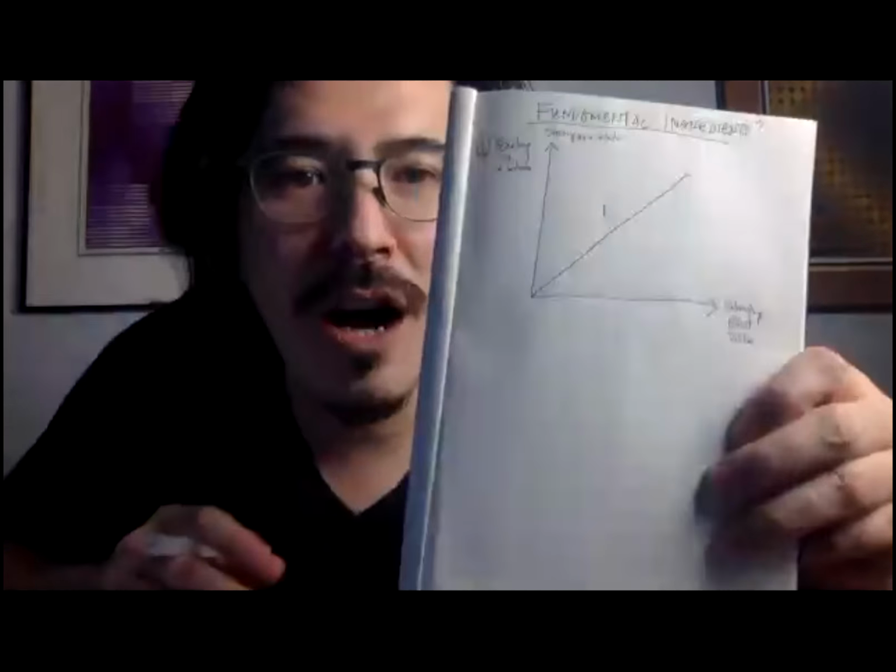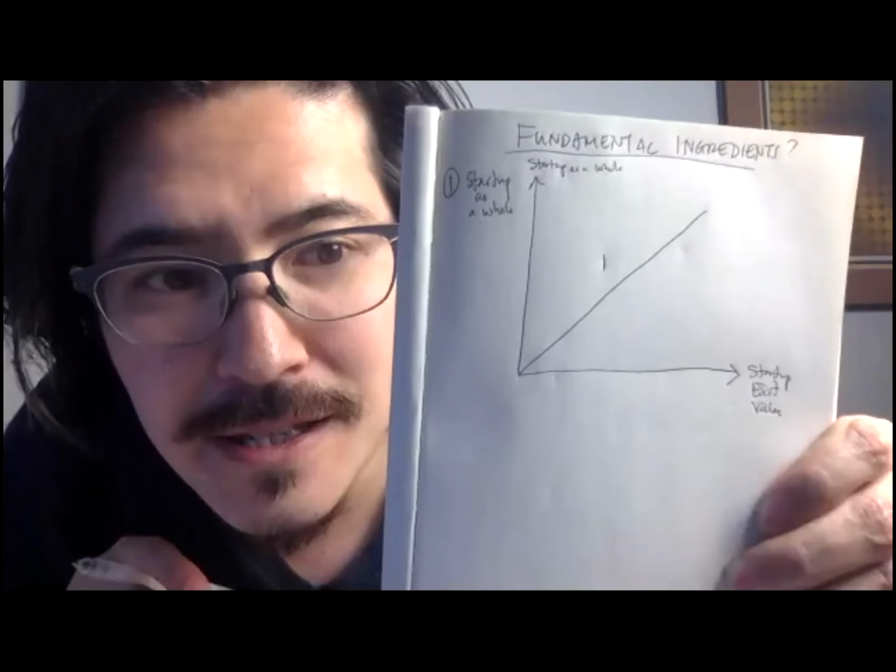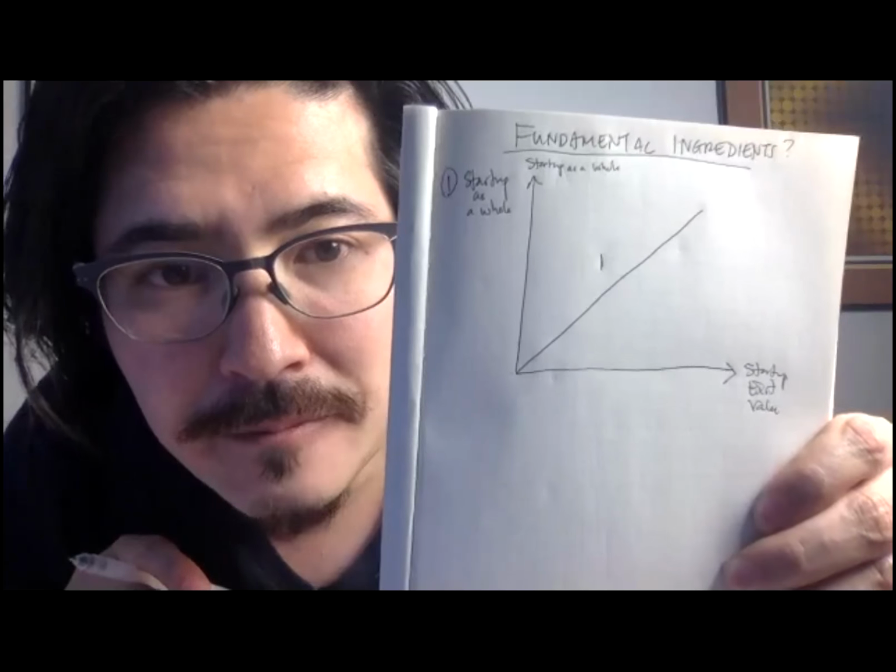What is its payoff level? And in this particular case, it's just the y equals x line. Make sense? Right? And that one's definitional.